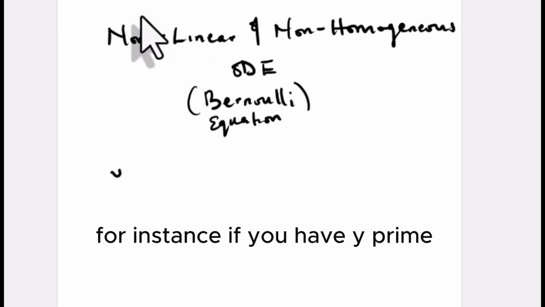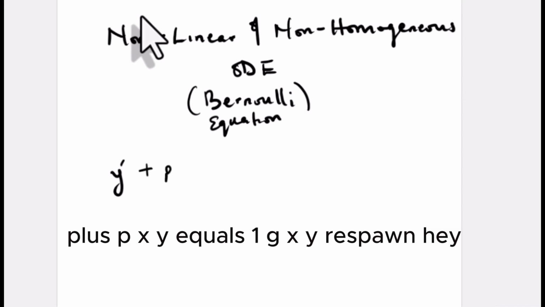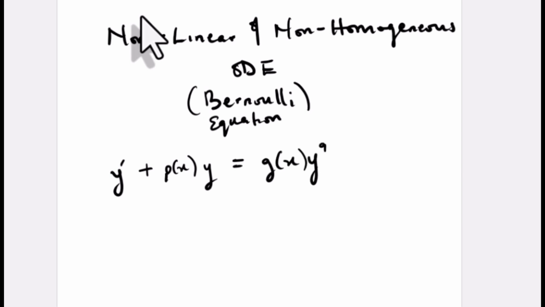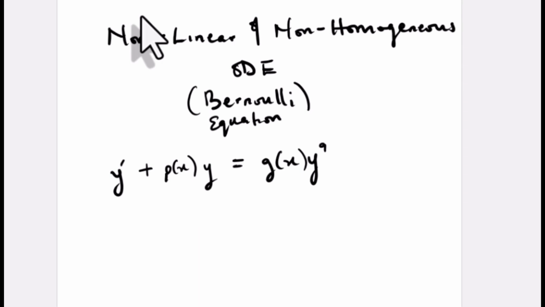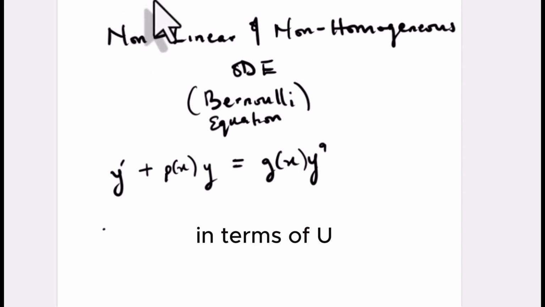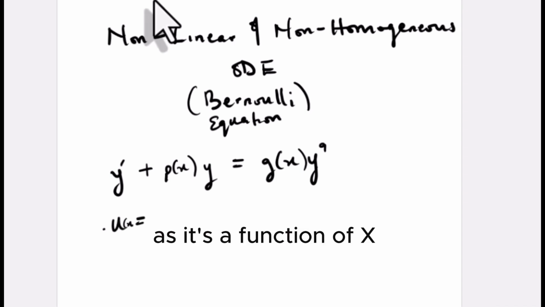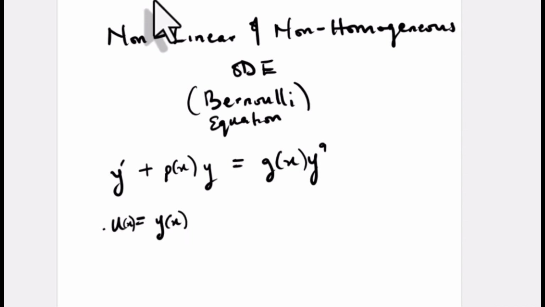For instance, if you have y prime plus p(x) y equals g(x) y raised to power a, your Bernoulli equation will be in terms of u, as a function of x, and y as a function of x raised to power 1 minus a.